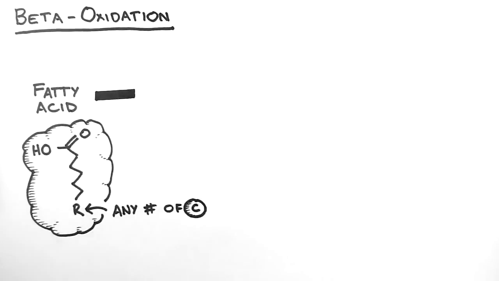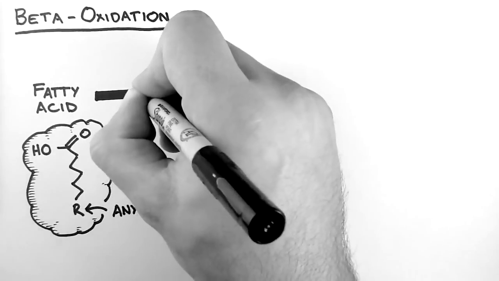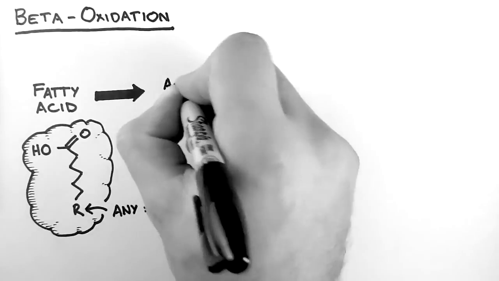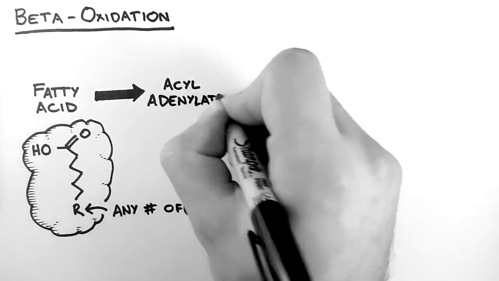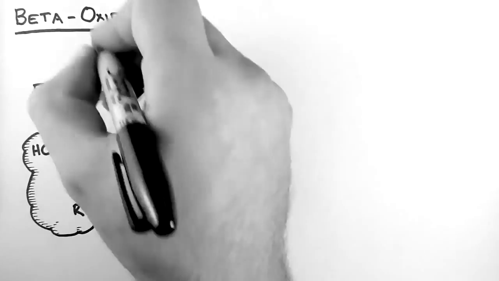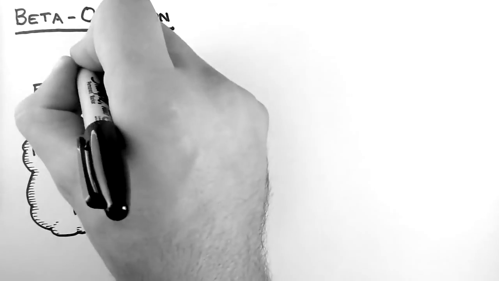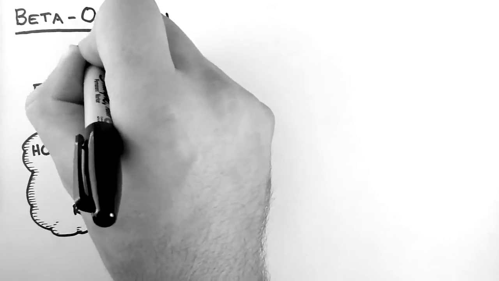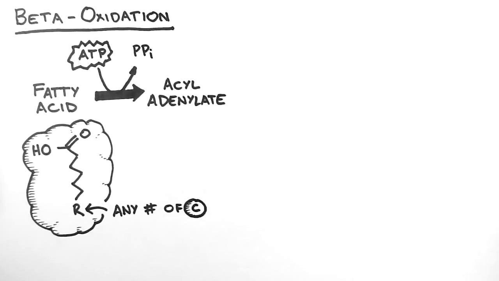The first step is to add adenosine to the fatty acid, and this creates an acyl adenylate. The adenosine comes from adenosine triphosphate, or ATP, and we get rid of a pyrophosphate in the process.